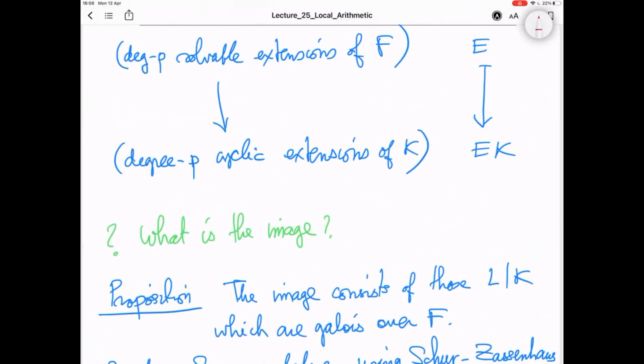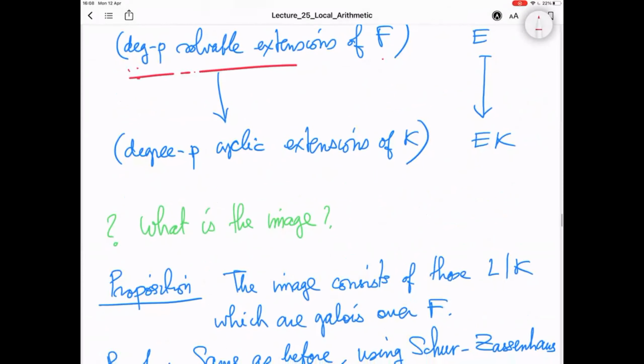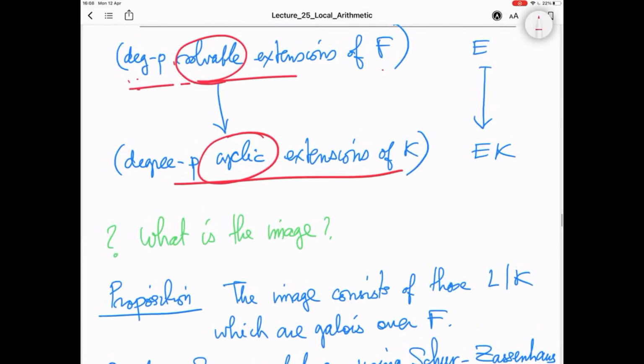Now, from degree P solvable extensions of F to degree P cyclic extensions of K. Here the word is cyclic, here the word is just solvable. So not even Galois, not necessarily.